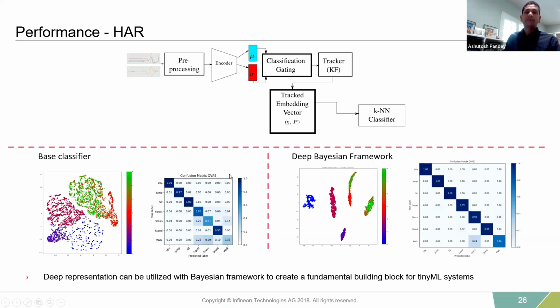The difference between the first and second example is that in the first, we had lots of data, a very good data set, and we were able to get more performance. In the second one, we barely have any data, but we were still able to get better performance. So all in all, it's a good tool that we can add to the tinyML toolbox, and that can help us improve performance and keep the benefits of compute efficiency.